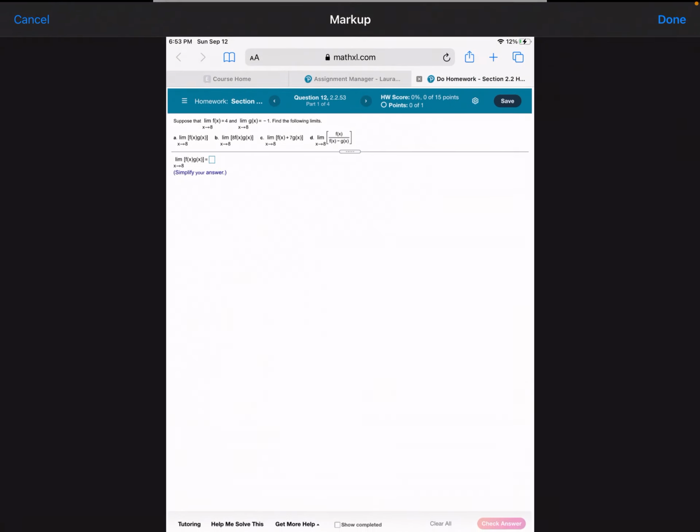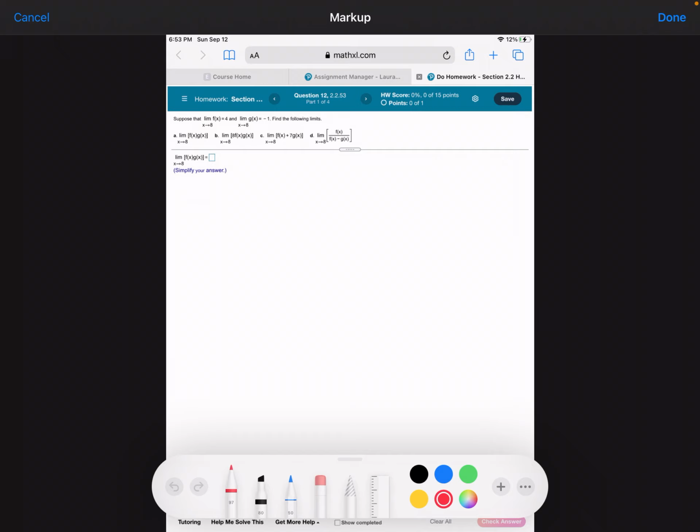All right, so in this one, they're giving me some particular limits, and we have to find the following. So this is going to be using our laws of limits, or limit laws, and there are a list of those, but essentially, knowing these pieces, I'll show you what's going to actually happen here.